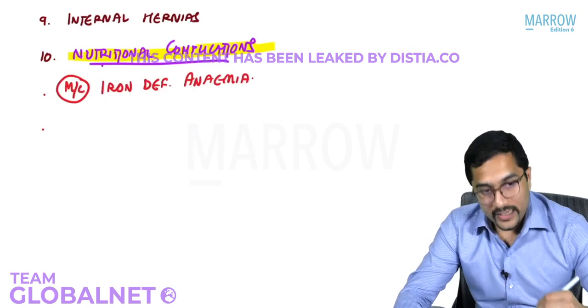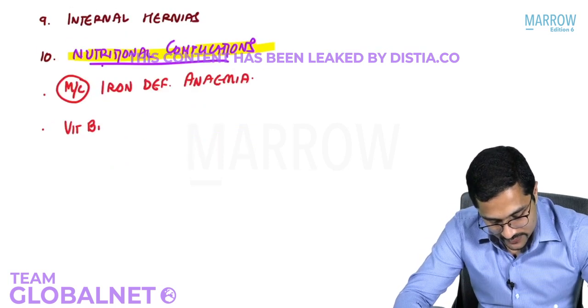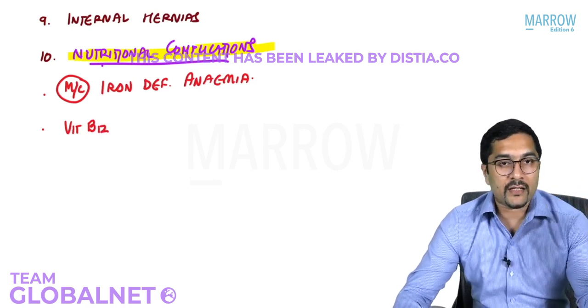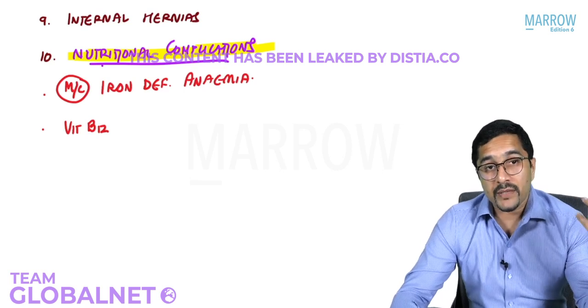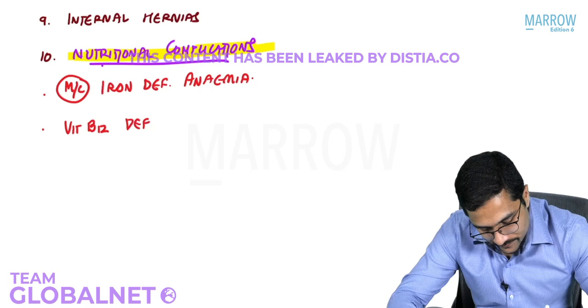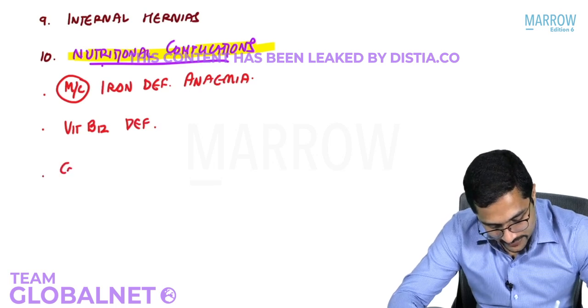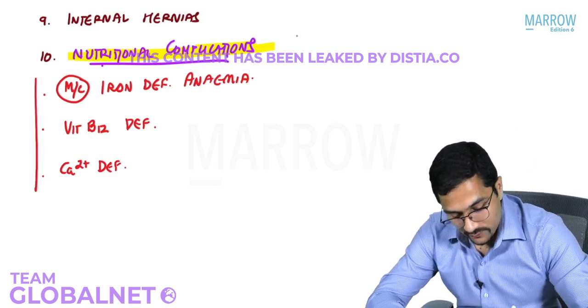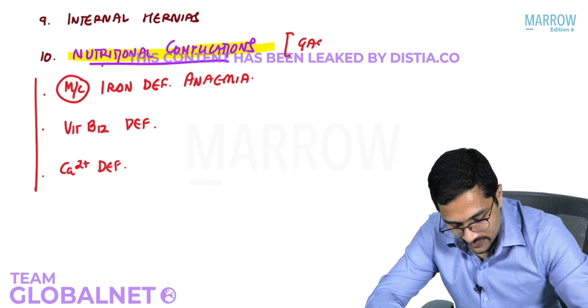You can also get vitamin B12 deficiency, because when you're cutting the stomach, there can be intrinsic factor problems and vitamin B12 absorption cannot occur. And there can be calcium deficiency as well. So these are the nutritional complications which can occur after gastric resections.